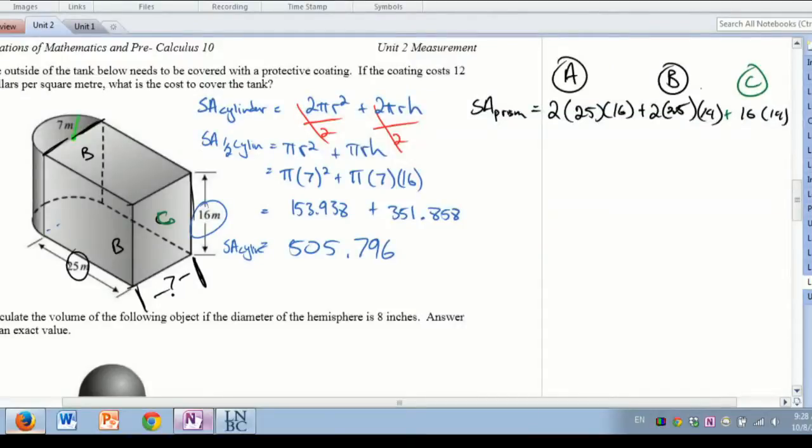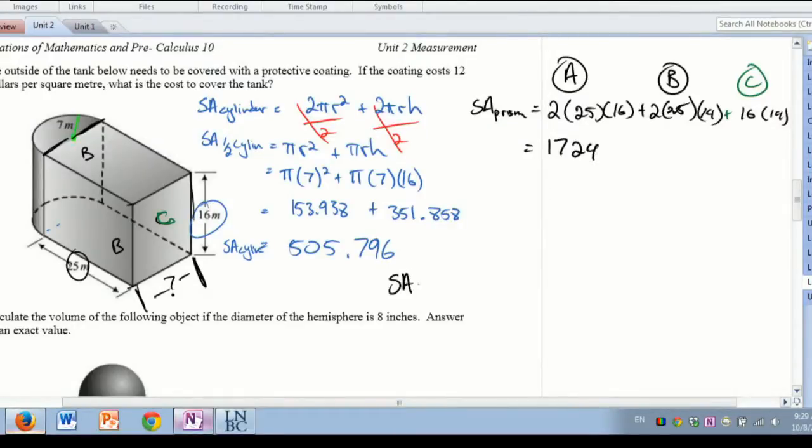Makes more sense. Start that again. 2 times 25 times 16 plus 2 times 25 times 14 plus 16 by 14. 1724.